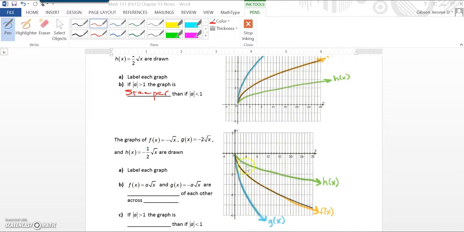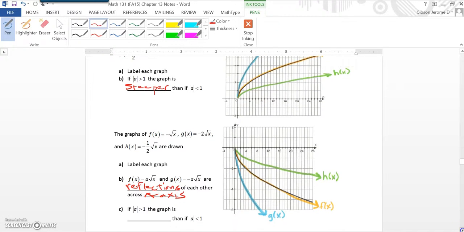You could do that at your leisure, but you will get these values here, and then you could come up with these conclusions. It says f of x is equal to a times the square root of x, and g of x is equal to negative a times the square root of x, are reflections of each other across the x-axis.